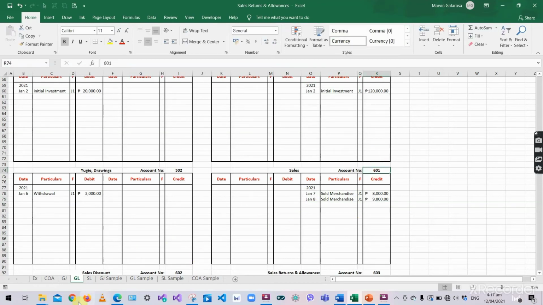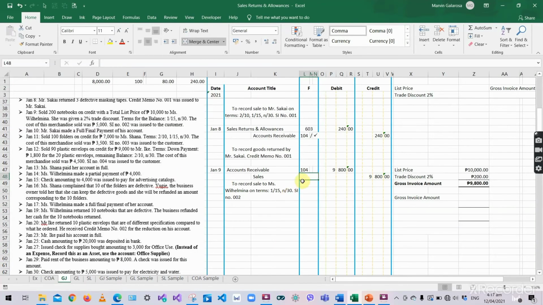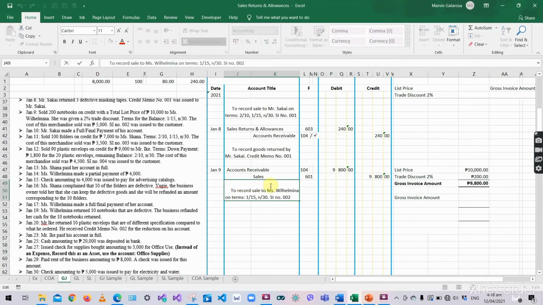Account number ng sales 601. So, post natin 601 sa folio column. And then, since nagkaroon ulit ng changes sa accounts receivable and meron tayong panibagong customer, kailangan nating magawa ng subsidiary ledger for Miss Wilhelmina.